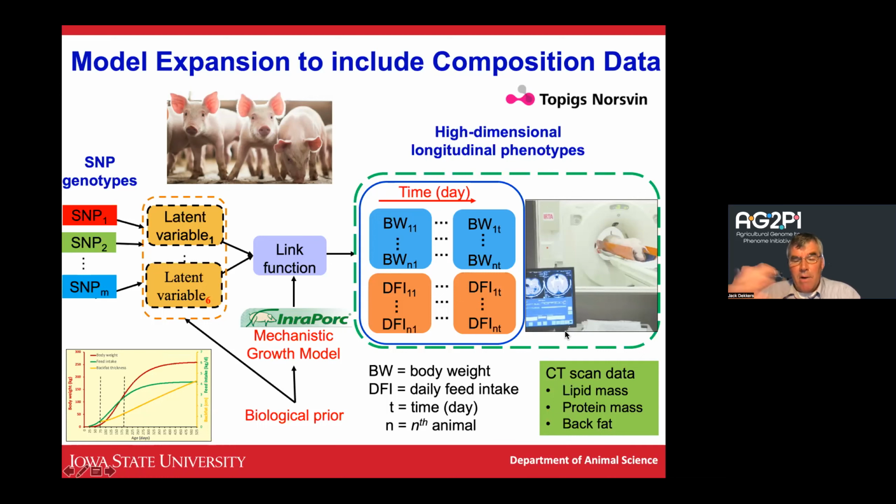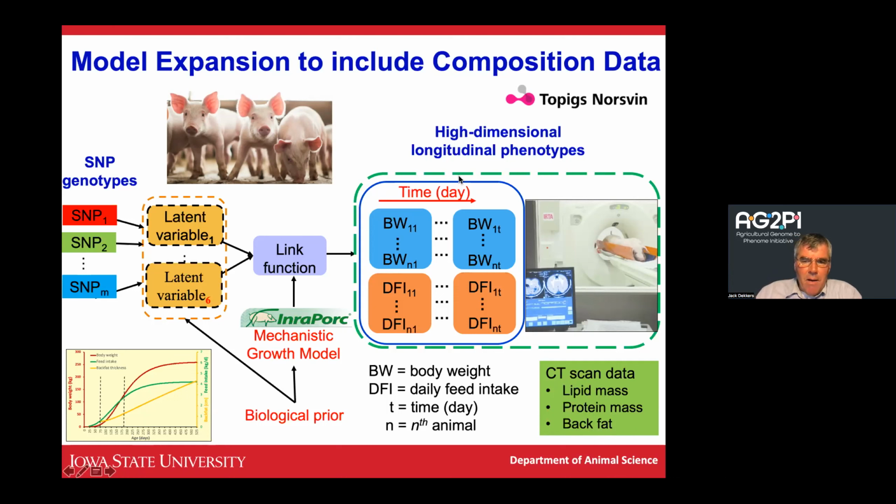And they can actually look at different organs and different parts of different cuts of meat. We didn't look at that. We just are using total lipid mass, total protein mass and back fat, because those are the key energy sinks and amino acid sinks in an animal.